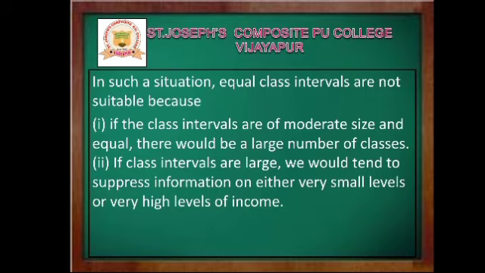That means we would need to change our information, so equal class intervals are not suitable when the range is large.